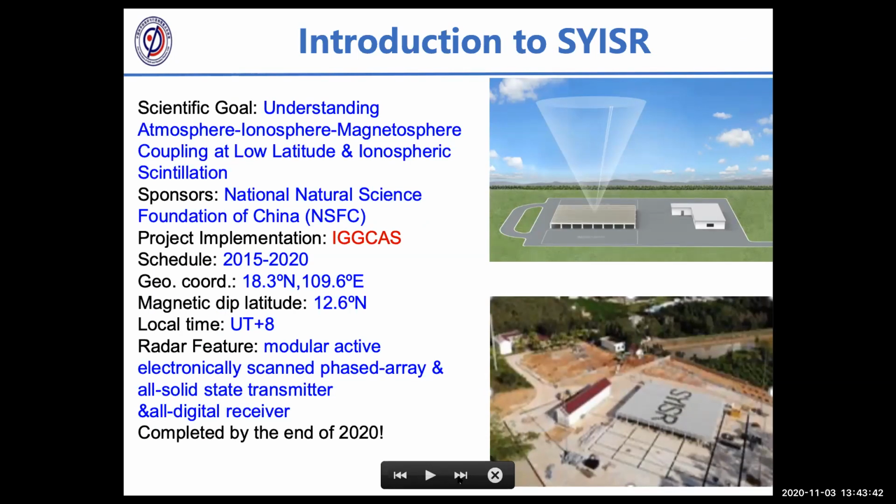We are going to build a modular active electronically scanned phased array, all solid state transmitter and all digital receiver incoherent scatter radar over the low latitude channel. The lower picture shows how this radar looks. It is still under development. It is going to be ready by the end of 2020.